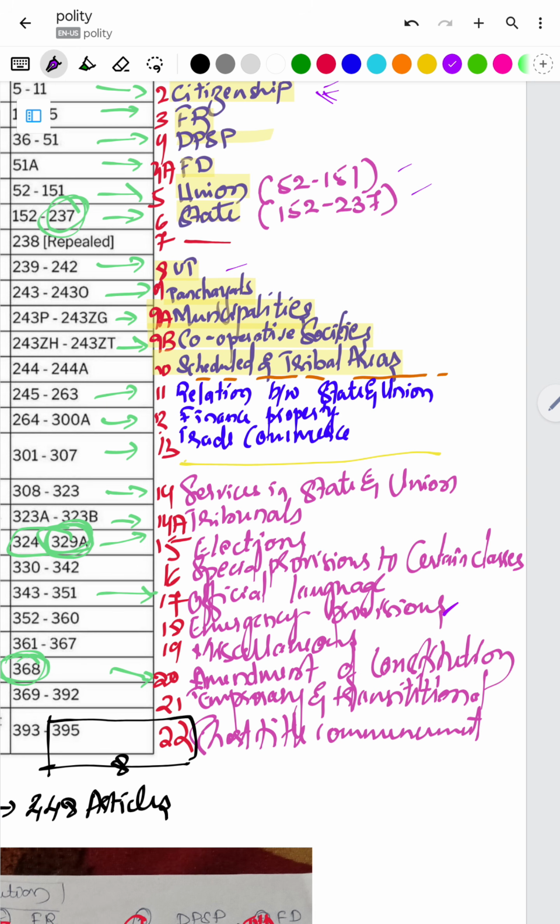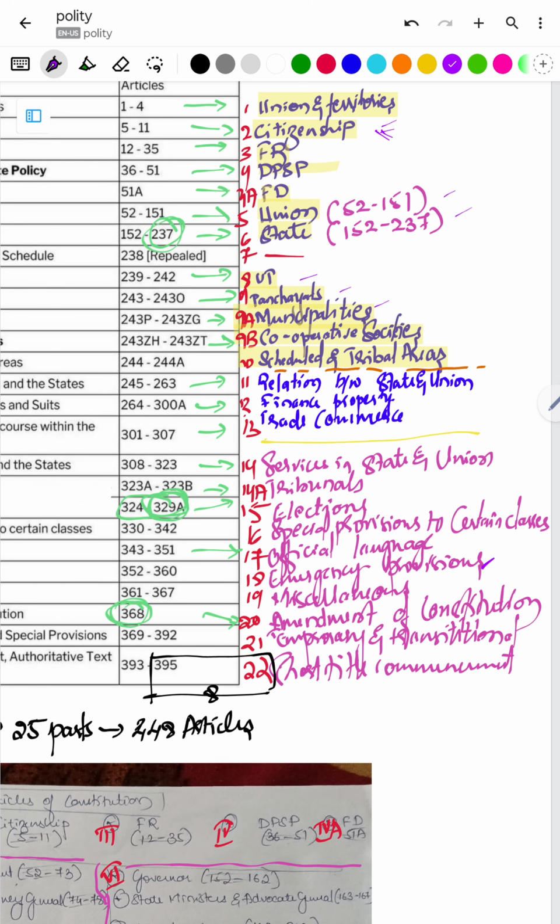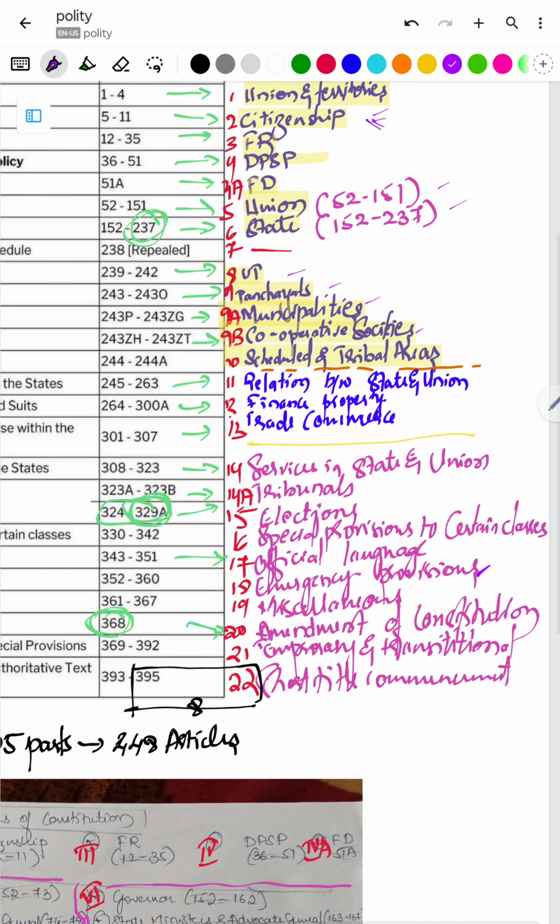Next comes this order: panchayats, municipalities. These are 9A, 9. These all are the grassroots level administration. So panchayats, municipalities, cooperative societies come under 9A, B, C. Sorry, 9, 9A, 9B. Okay.